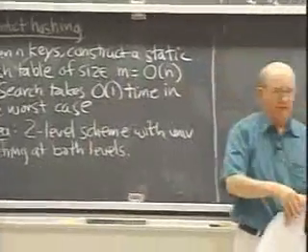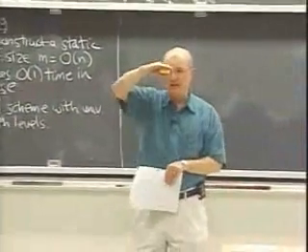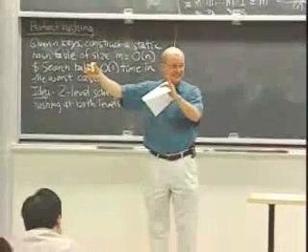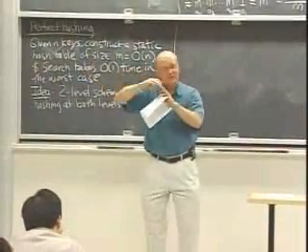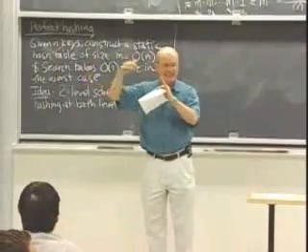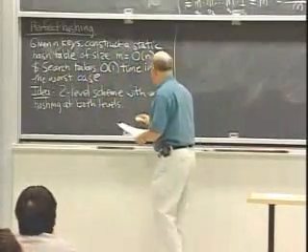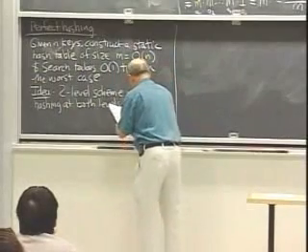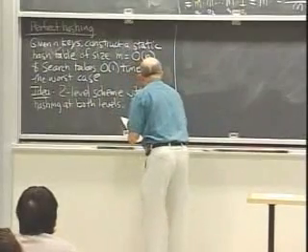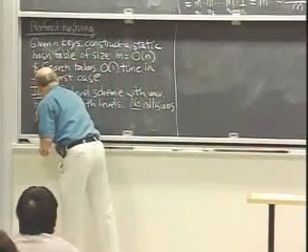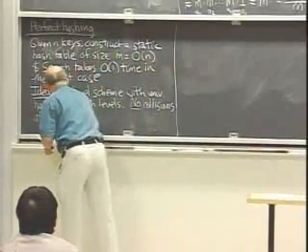So the idea is we're going to have a hash table, we're going to hash into slots, but rather than using chaining, we're going to have another hash table there. We're going to do a second hash into the second hash table, in such a way that we have no collisions at level 2.